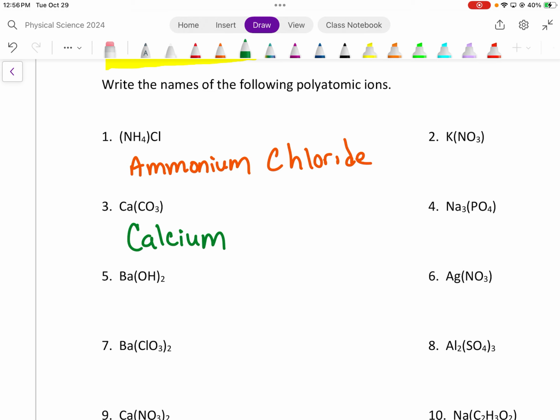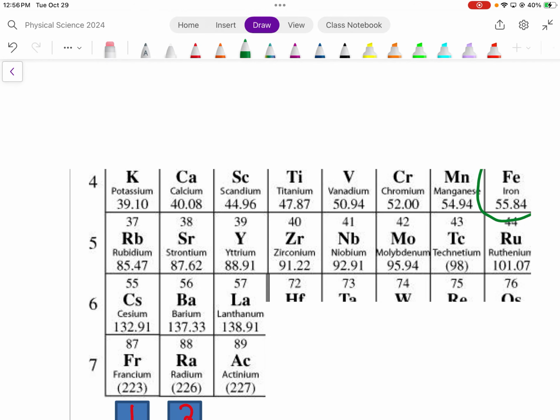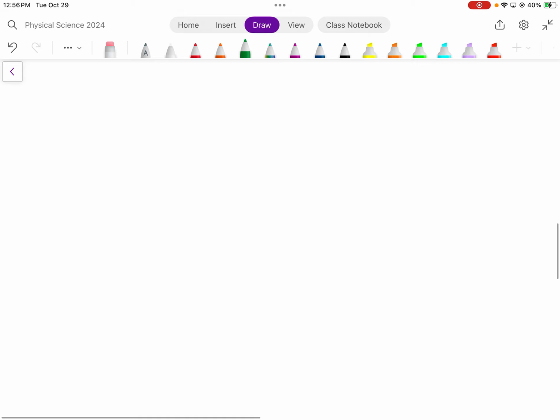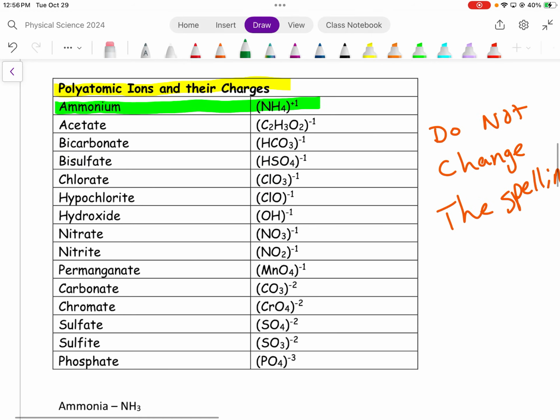And then notice this CO3 is in parentheses, so I'll go back to my periodic table and use that table. And I'm looking for CO3 in parentheses. Here it is. CO3 in parentheses is called carbonate.